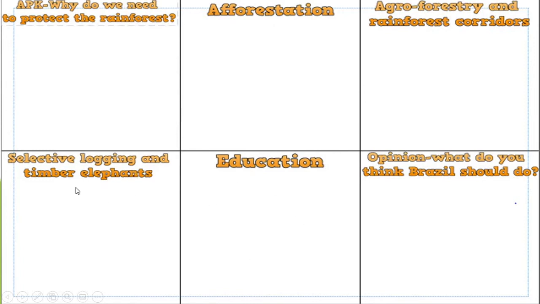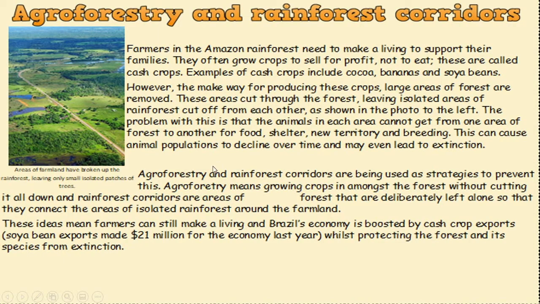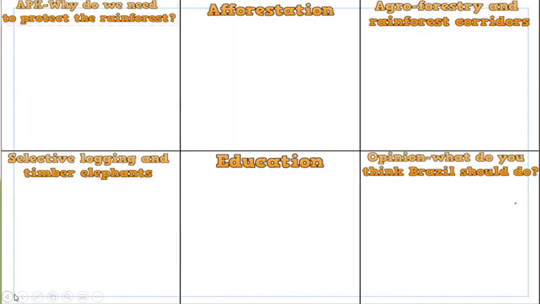It might be the selective logging and timber elephants. It might be the afforestation, the idea that we can then replace any areas that we take, bringing back these carbon sinks and helping us rebuild habitats and helping us fight against climate change.